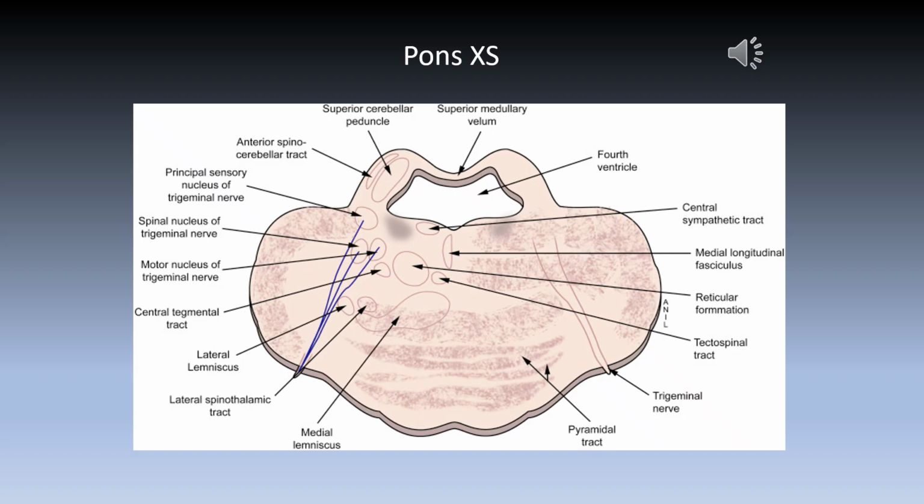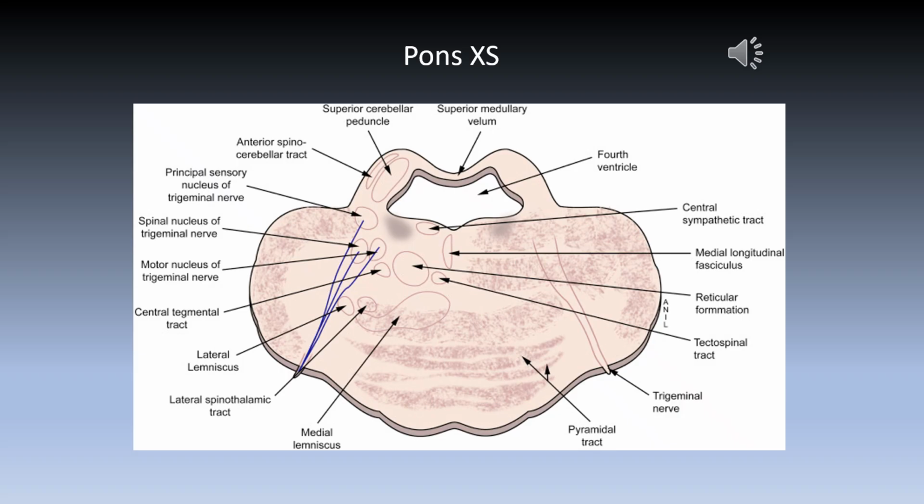All 4 of those cranial nerves have their nuclei in the pons. The only one that is shown here is the trigeminal. Well, that's because the nuclei are at different levels. So where this cut is made, we see the nucleus of the trigeminal nerve. We don't see the other 3 that have their nuclei in the pons itself.